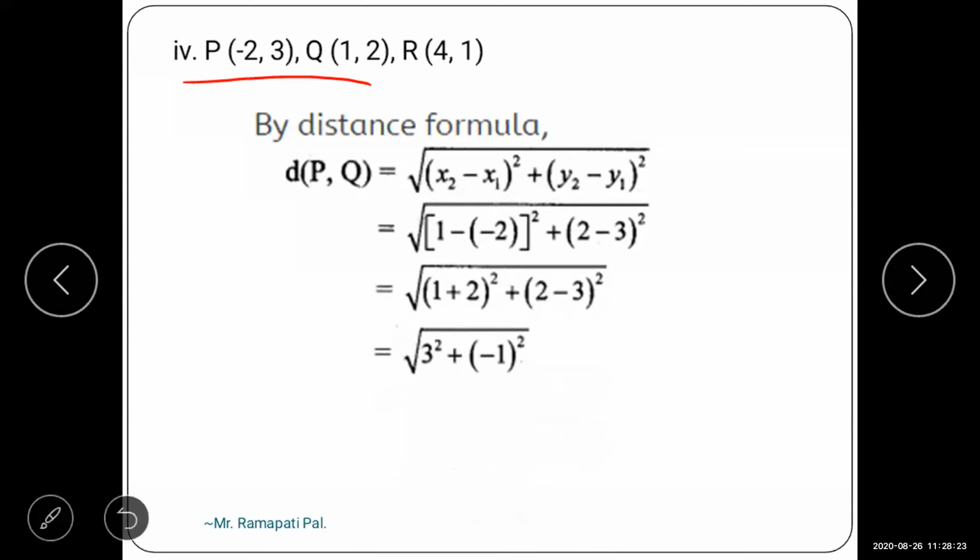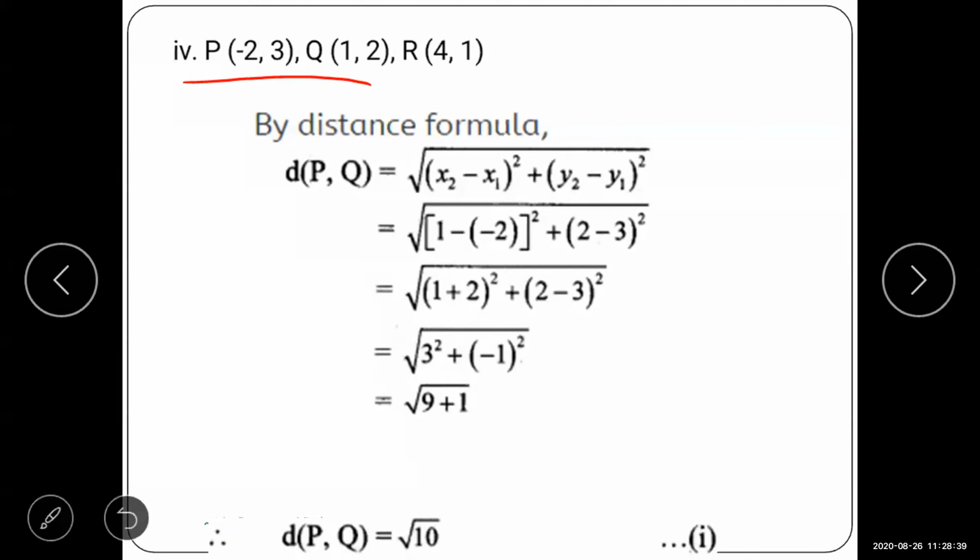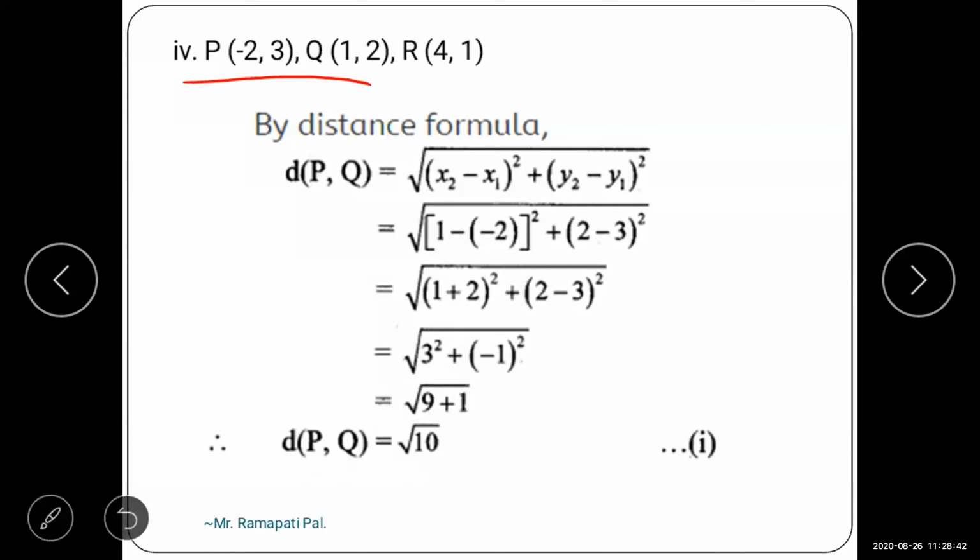So root 9 plus 1, which is equal to root 10. So distance PQ is root 10, and it is our equation number 1.